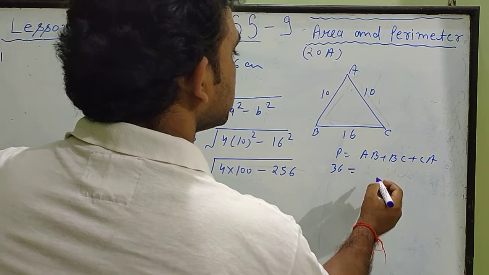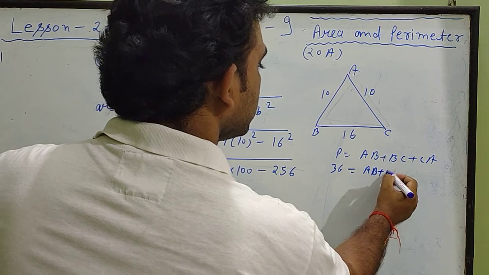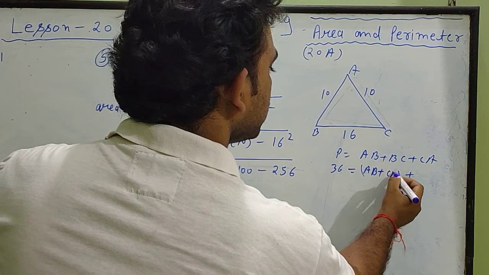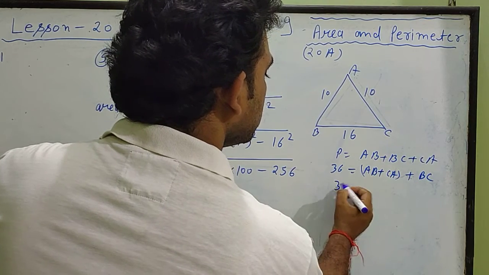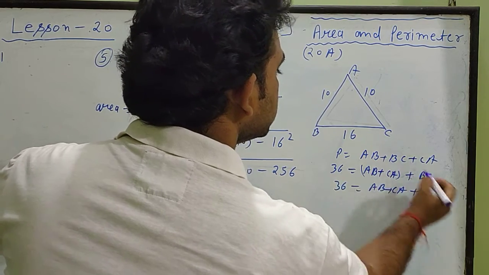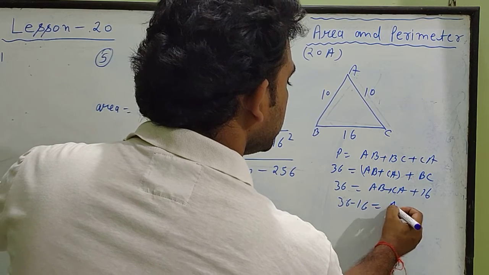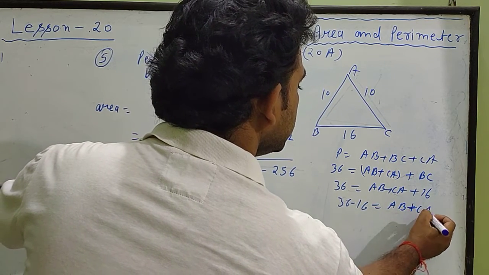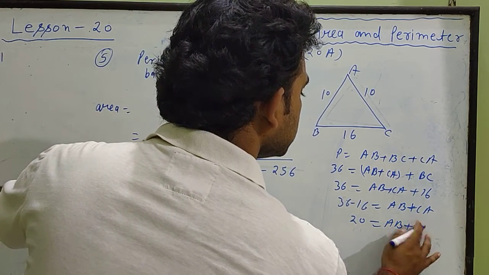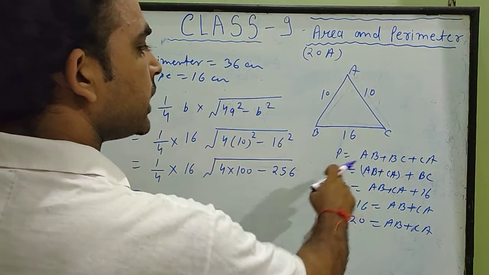Perimeter is 36, so AB plus CA plus BC is 36, and BC is given 16. So 36 minus 16, AB plus CA means 20.